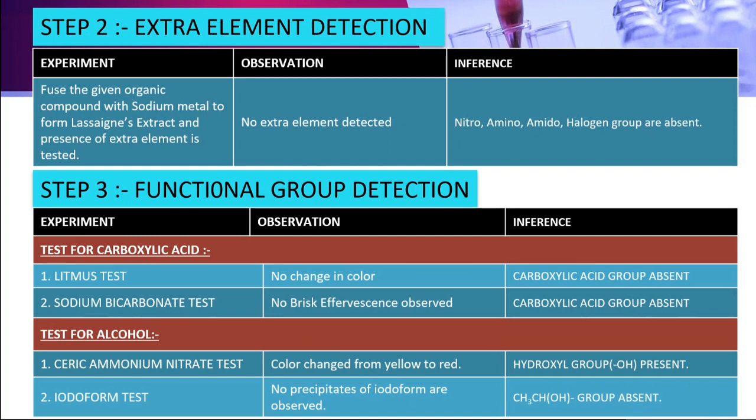Then we keep the test tube at room temperature for 10 to 15 minutes and note the observation. If there is formation of a pale yellow precipitate, we can say that the CH3CHOH group or methyl ketones are present. But here we observe that no precipitate of iodoform is obtained, so our inference is that the CH3CHOH group is absent.